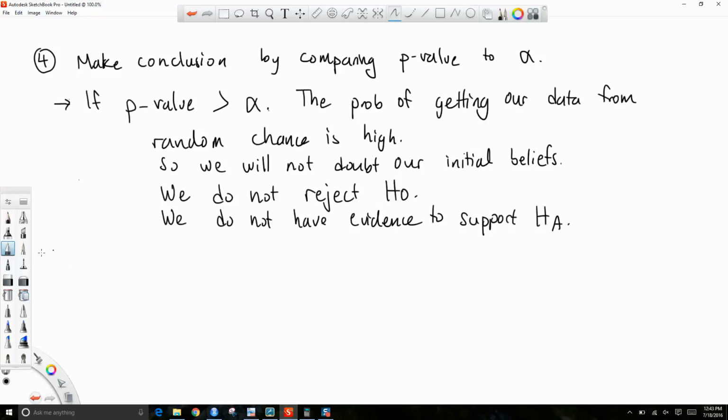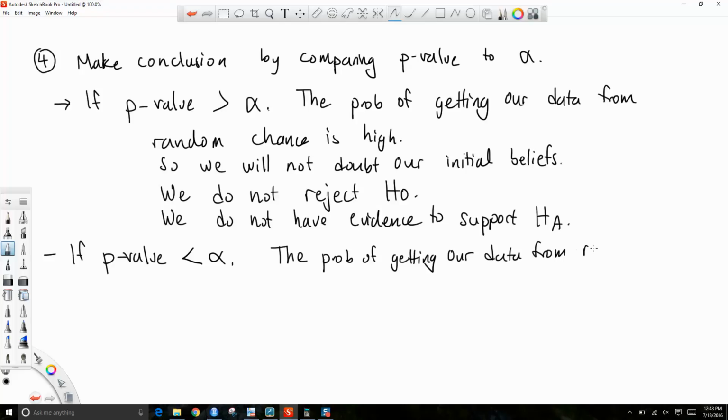Or the other possibility is if the p-value is less than alpha, okay? This means the probability of getting our data from random chance is low under the null hypothesis. Okay, so that means we reject our null hypothesis.